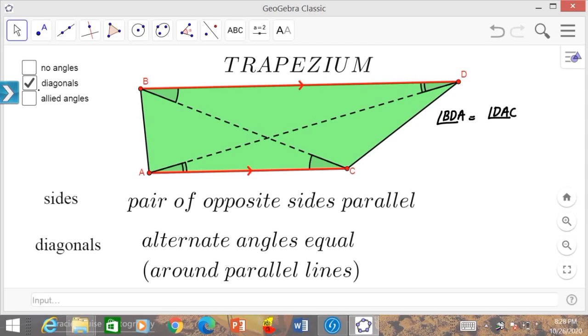And if you start from D, then DBC is equal to BCA. DBC is equal to BCA. You have to remember the Z shape for alternate angles.